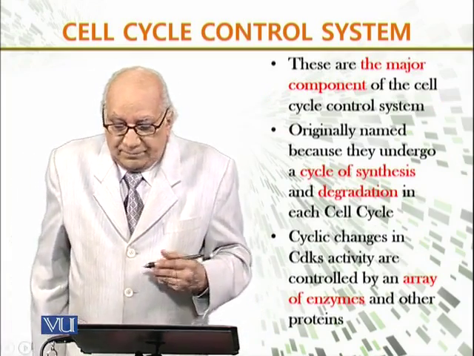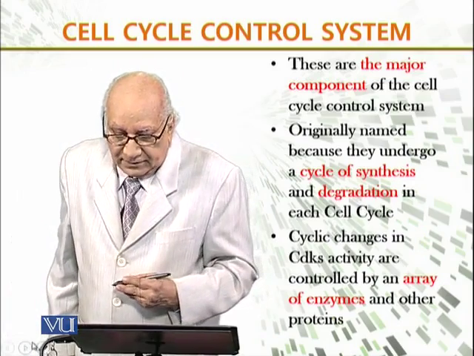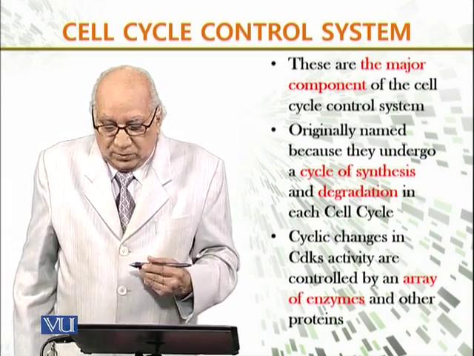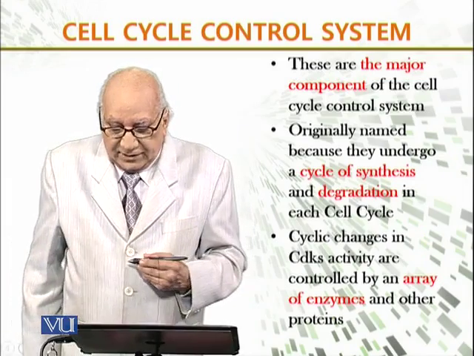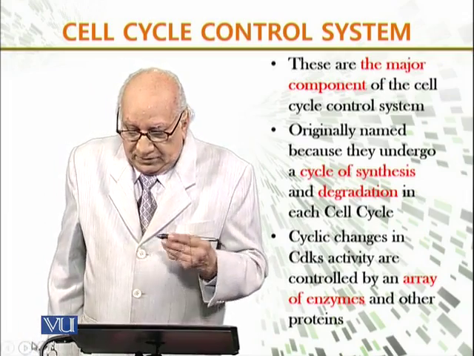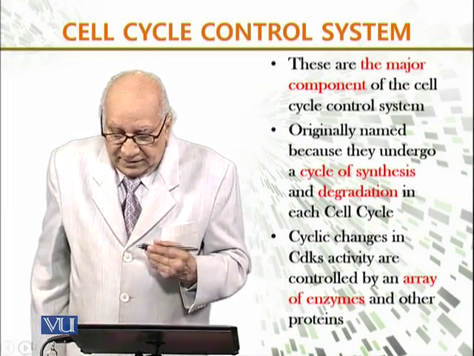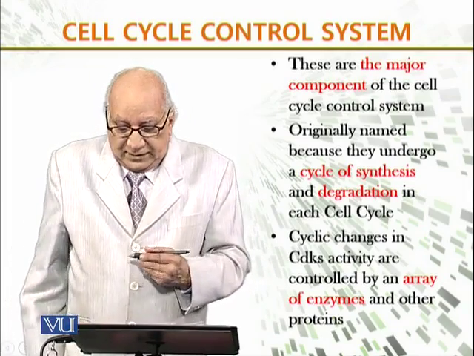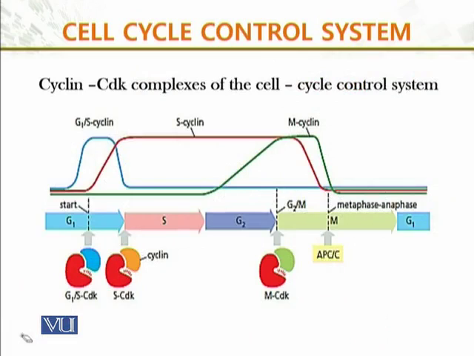These are the major components of the cell cycle control system and were originally named cyclins because they undergo a cycle of synthesis and degradation in each cell cycle. Cyclic changes in CDK activity are controlled by an array of enzymes and other proteins.